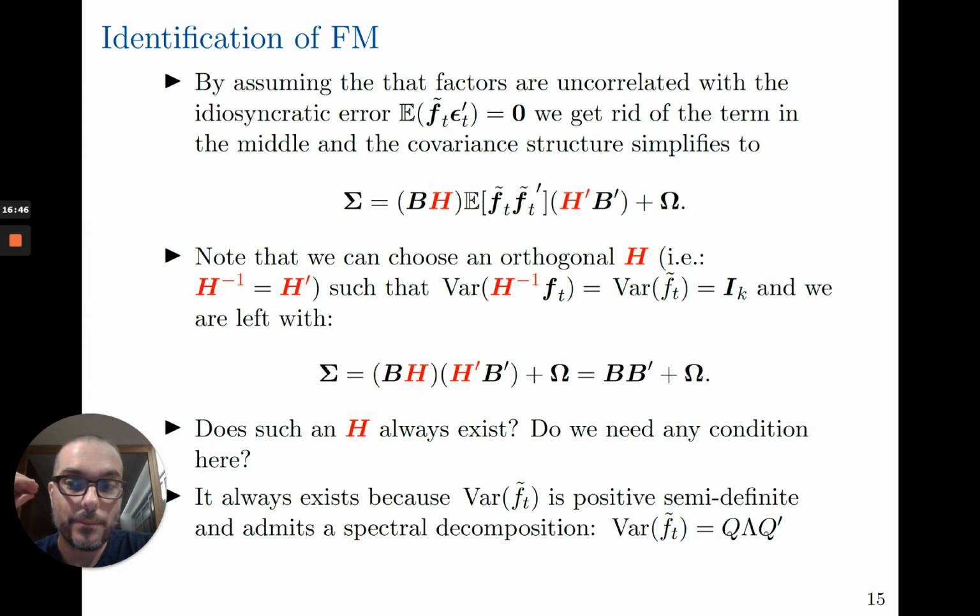So it looks like a lot of technicality, but what's the message here? The message here is that, in fact, we cannot identify the exact factors that live in nature. Okay, so if you assume that the true model is a factor model and there are true factors, we will not be able to identify these true factors.